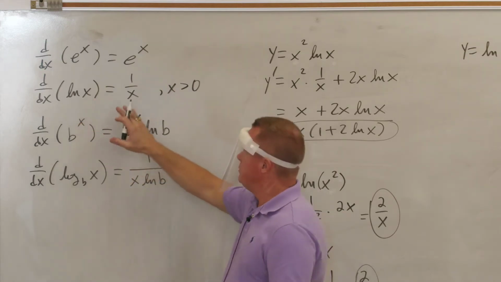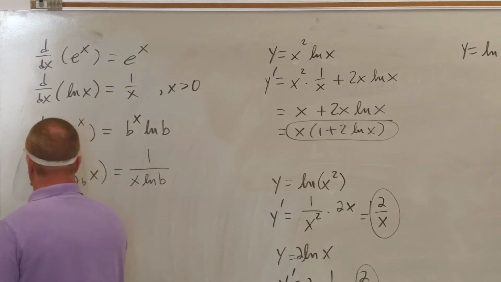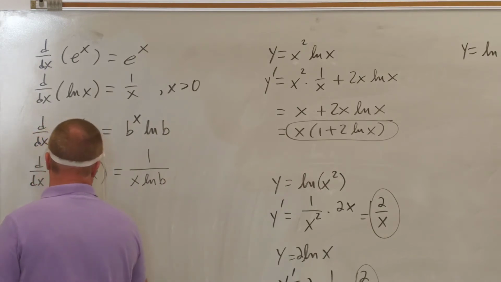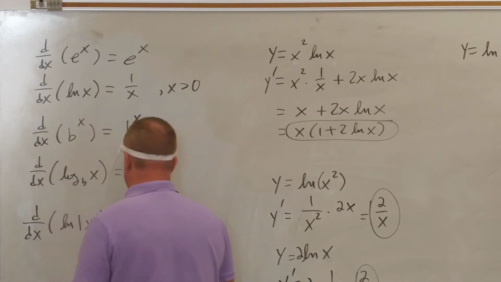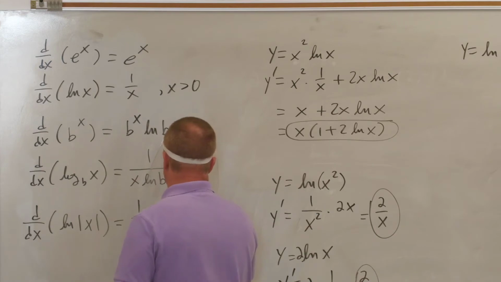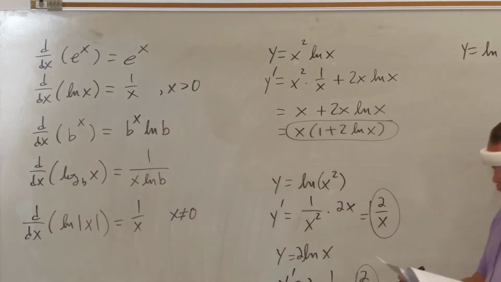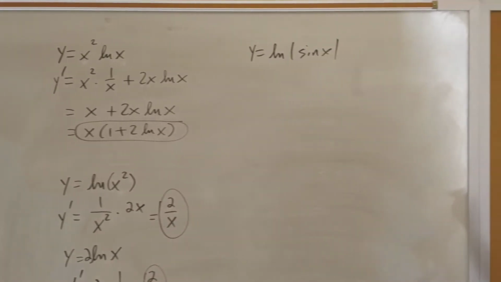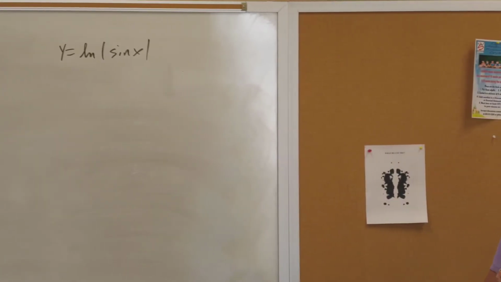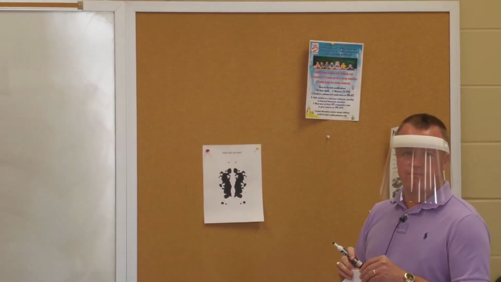But the derivative with respect to x of the ln of the absolute value of x is equal to 1 over x for all x where x is not equal to 0. So when you see absolute value, it's the same thing. It just affects what x's would be in the domain there.